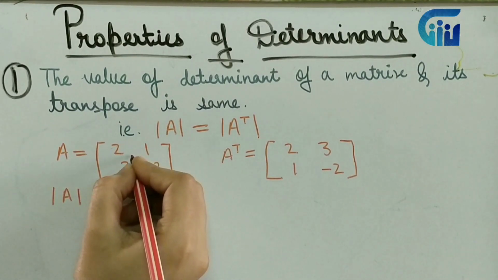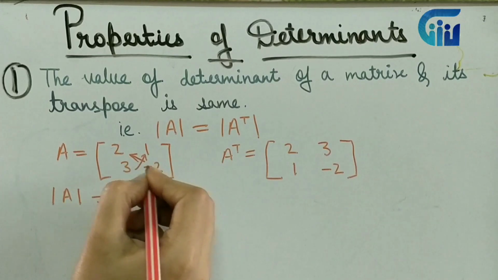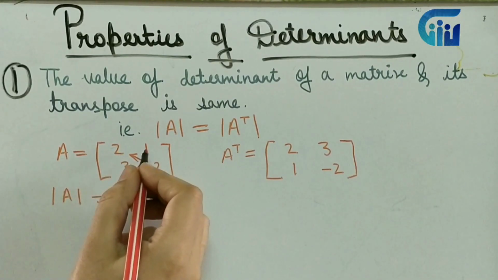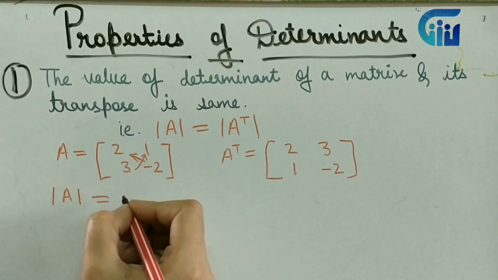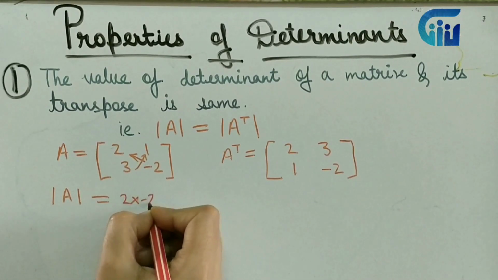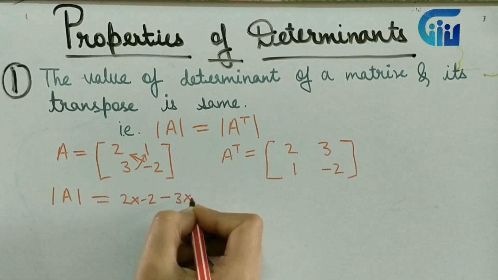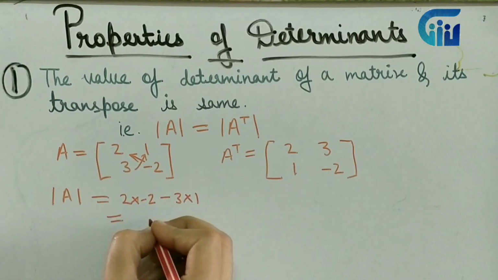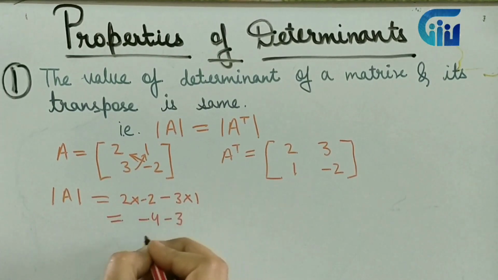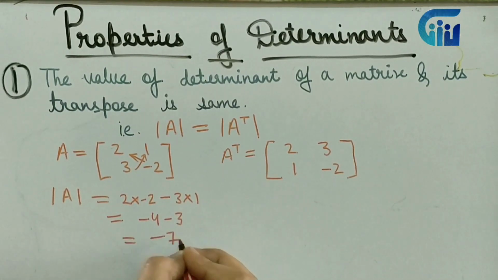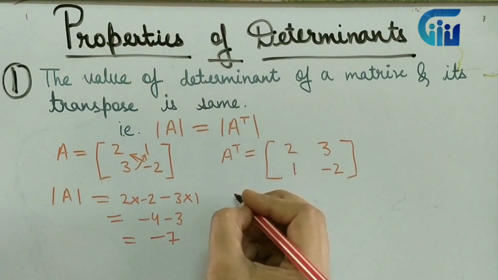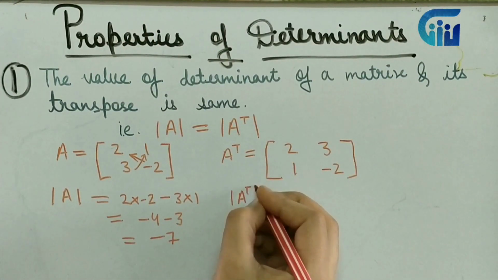So the determinant of a 2 by 2 is this multiplied with this, and this multiplied with this, and then the difference of both. So 2 into minus 2 minus 3 into 1. So this is equal to minus 4 minus 3, which is minus 7. Now what is the determinant of A transpose?